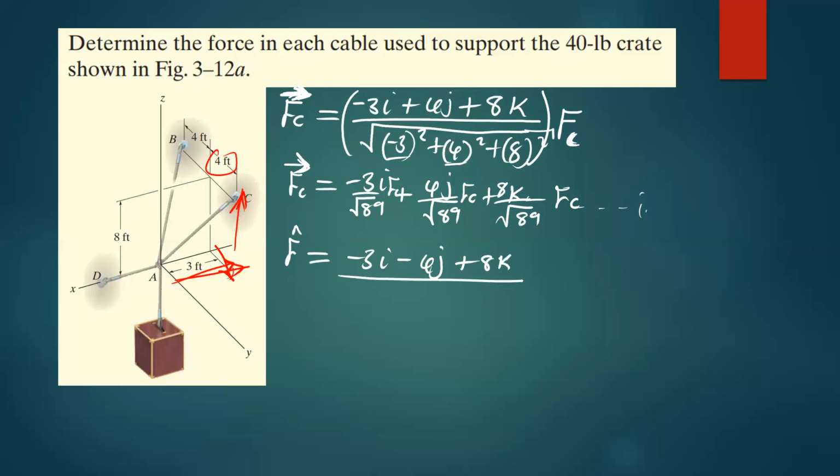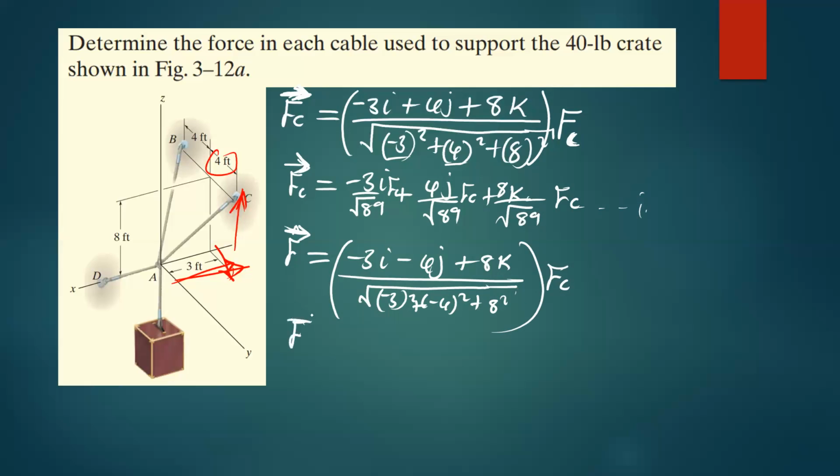We divide everything by the square root of negative 3 squared plus negative 4 squared plus 8 squared.